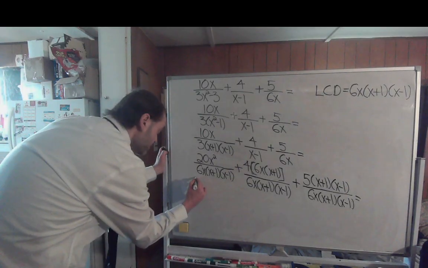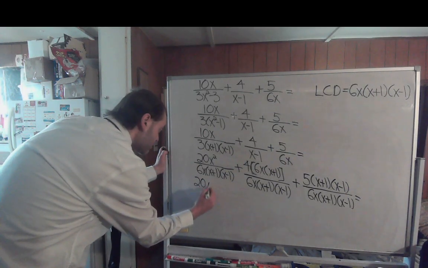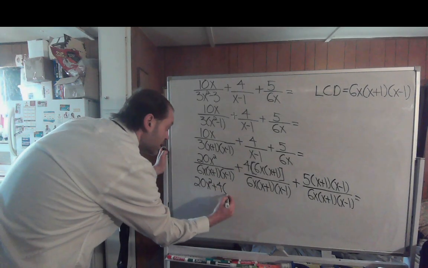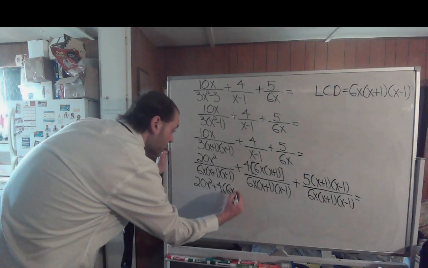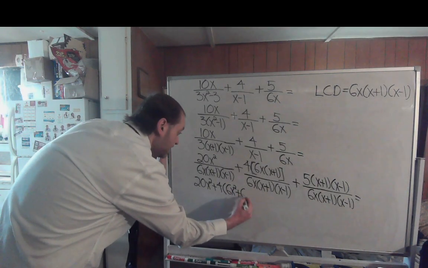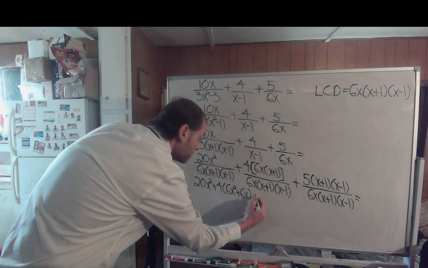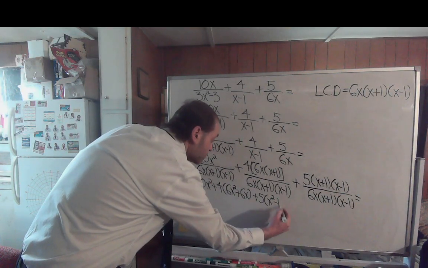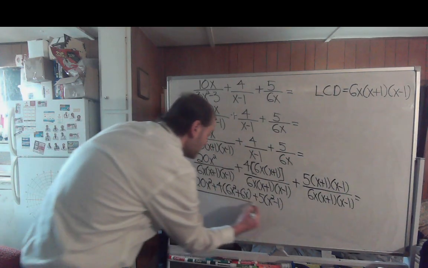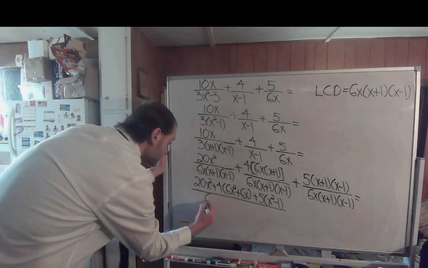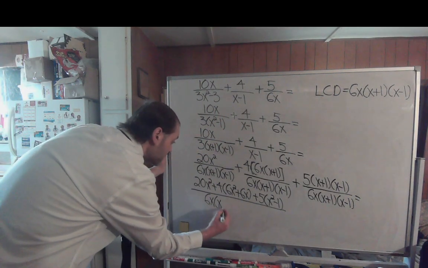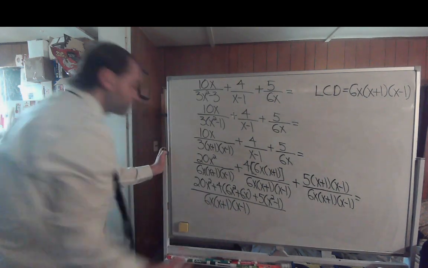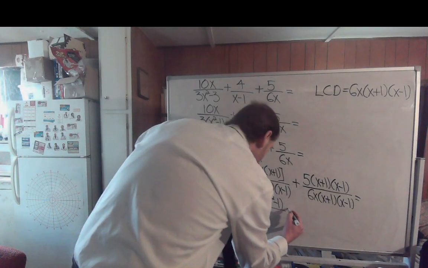This would turn into 20x squared plus 4 times 6x squared plus 6x plus 5 times x squared minus 1 all over 6x times x plus 1 times x minus 1, which will distribute everything.